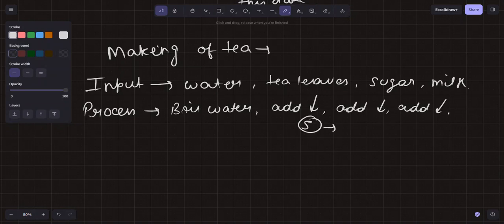It's not for the code, just for tea I'm saying. Then output, what will you get? You will get a tea. So we do not randomly do things here. We follow steps in the correct order. This is exactly how a program works.